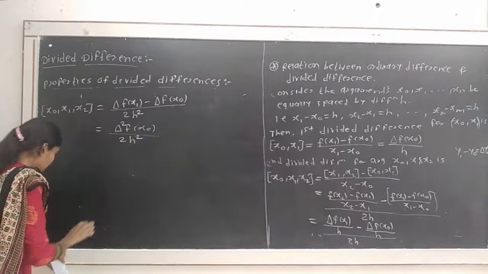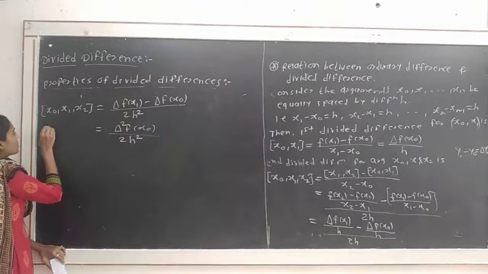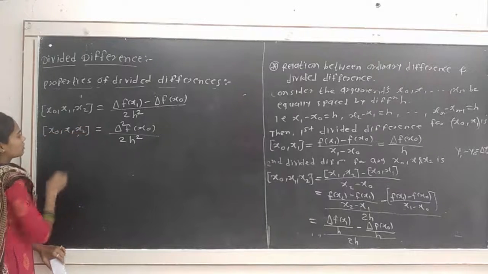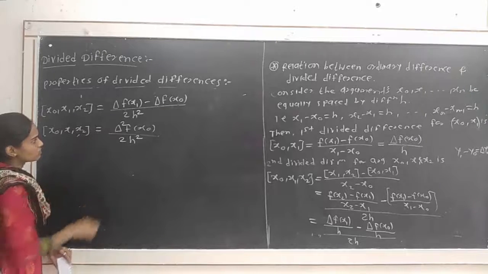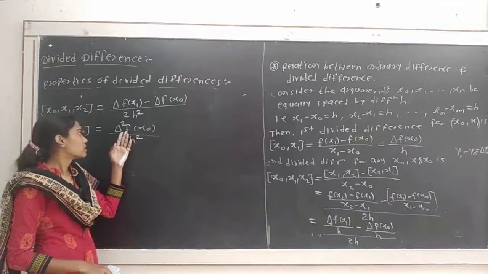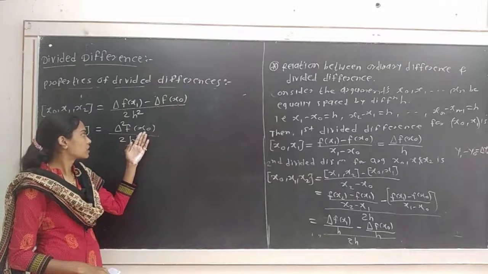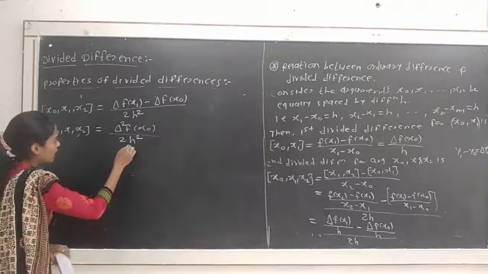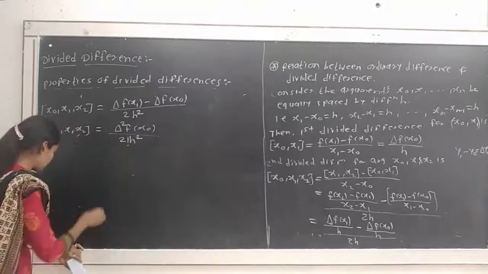So the second divided difference for the argument x0, x1, x2 is equal to the second order forward difference of f of x0 divided by 2 into h square, or we can write this as 2 factorial into h square.